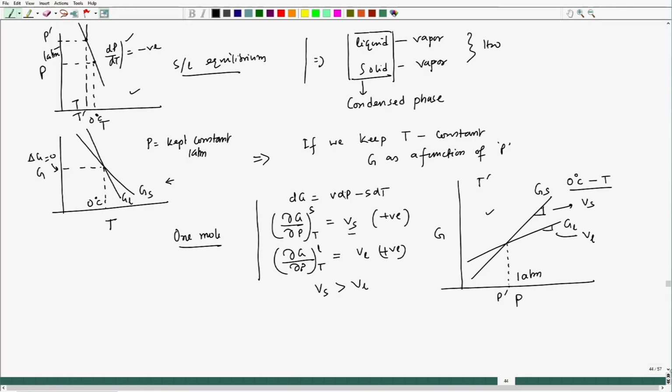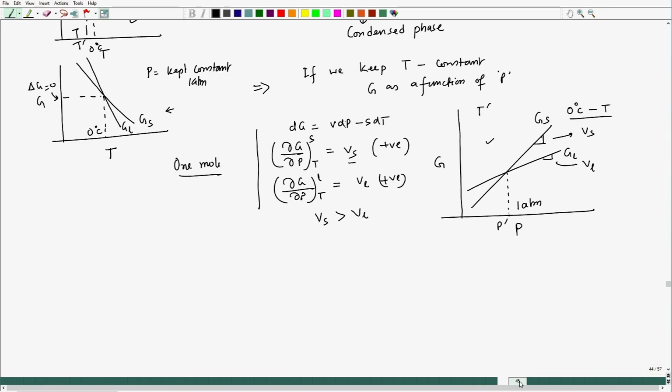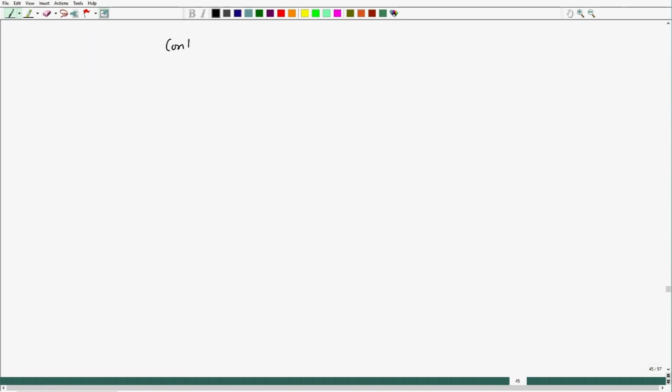So, now coming back to the situation of condensed phase to vapor phase, either evaporation or sublimation.